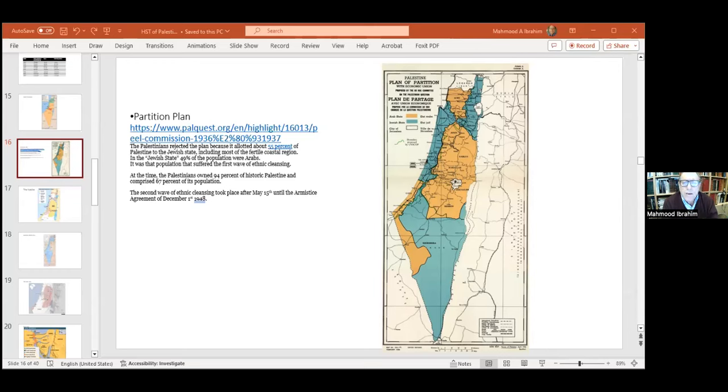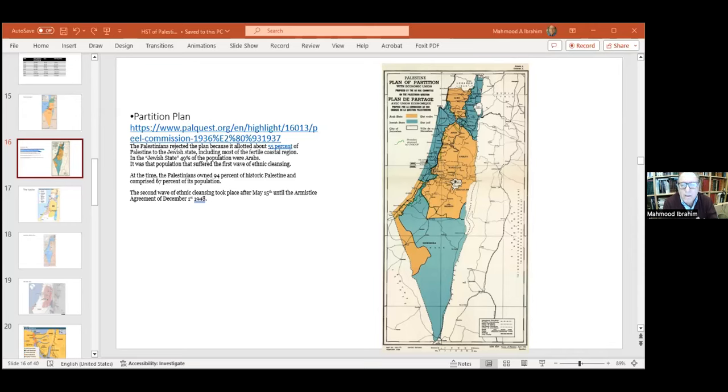So the United Nations Commission that studied the question came with this partition plan again, and this was by hook or crook passed by the UN General Assembly on November 29th, 1947. And I think I mentioned the anomalies of this particular plan. The whole issue, of course, has a great deal of contradictions, and the contradictions continue.